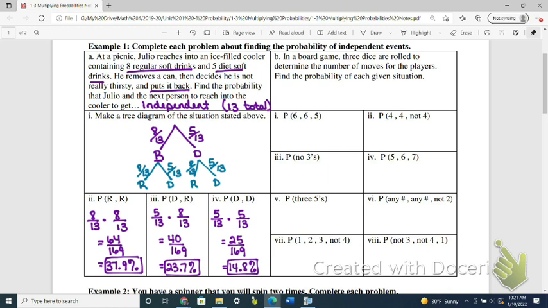Let's look at B. It says, in a board game, 3 dice are rolled to determine the number of moves for a player. Find the probability of each given situation. So each die has the numbers 1 through 6 on them.